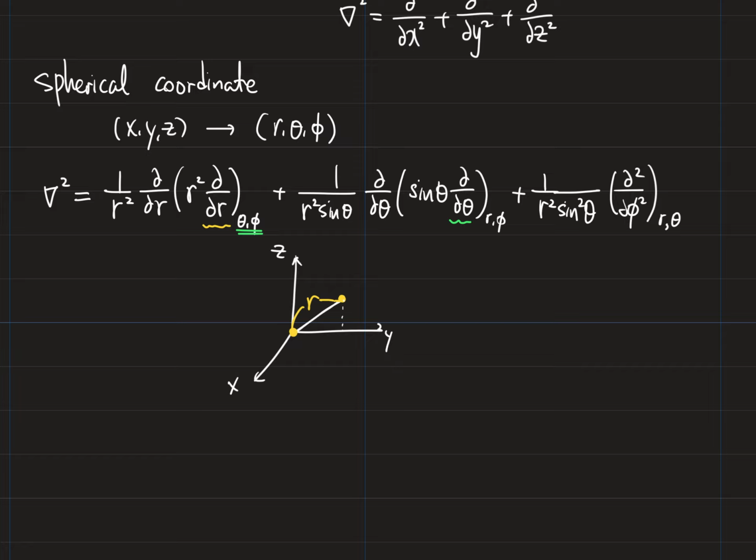And you can think about the projection onto the xy plane. So this is angle theta. And the final derivative is about phi. So phi is the angle between your point and the z-axis.